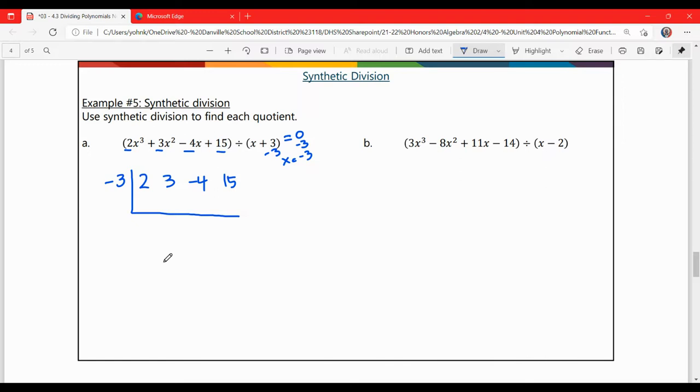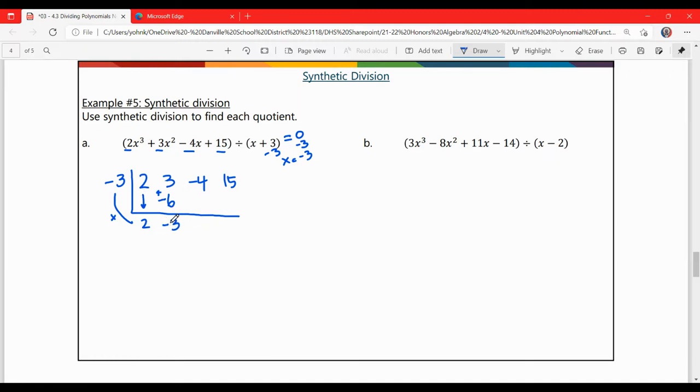Then here's how synthetic division works. I'm going to take this 2 and I'm going to drop it down. So I'm going to put a 2. Then I'm going to multiply the -3 with the 2, and I'm going to put it underneath the 3 to get -6. Then I'm going to add 3 and -6 and get -3. Then I'm going to do the process again.